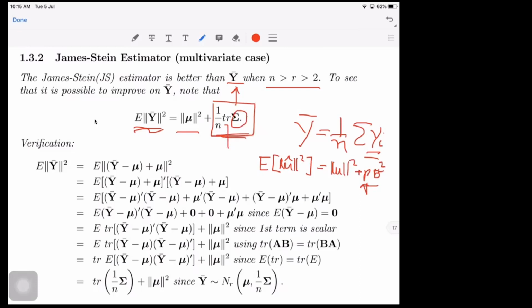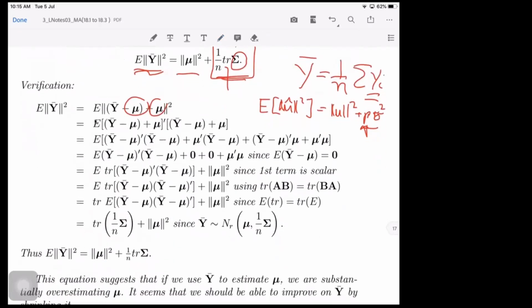For the proof of that, you still follow the technique which I introduced to you, which is adding and subtracting mu in your term, and then using the property of the squared norm. So that is mu prime mu, then get the expectation. The middle term will just be equal to 0.